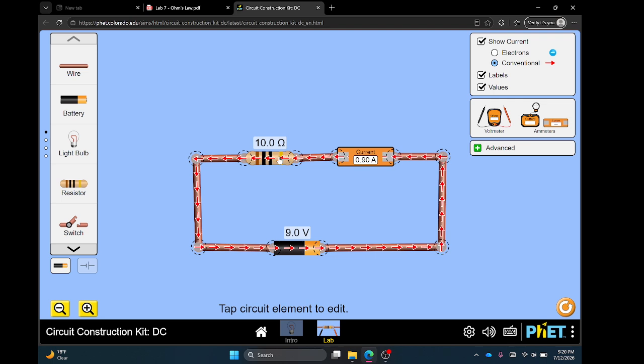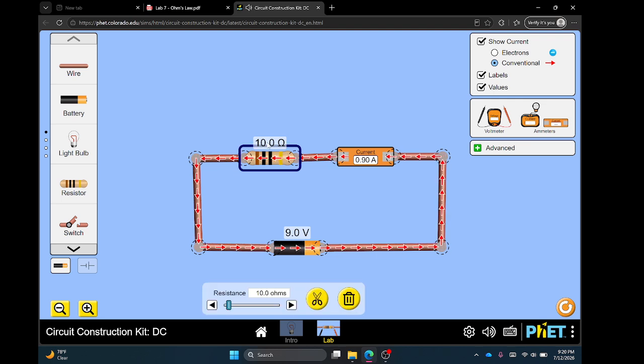Basically what we are trying to do is, we already know the resistance of this circuit, but we also want to calculate the resistance of the whole circuit.